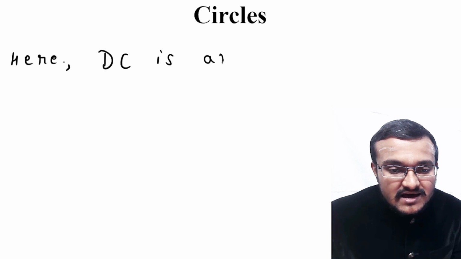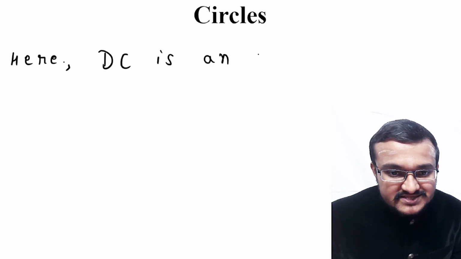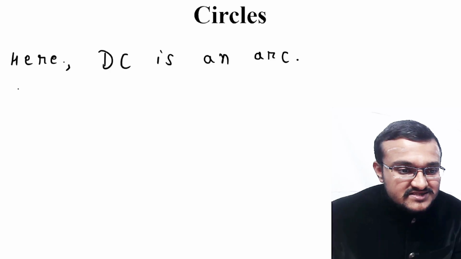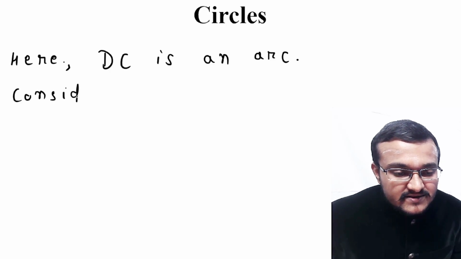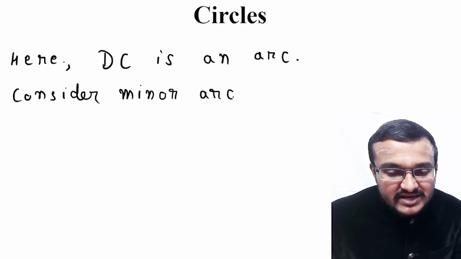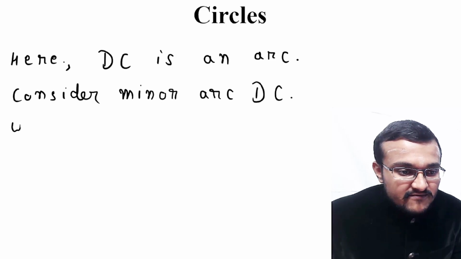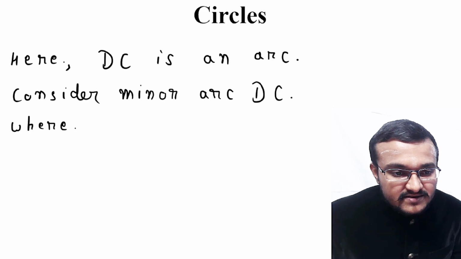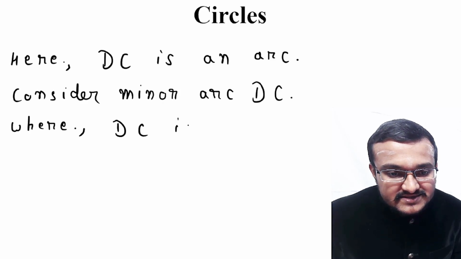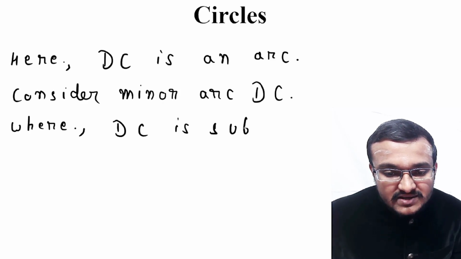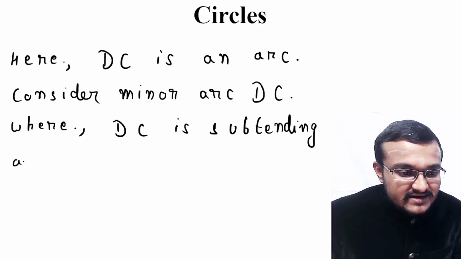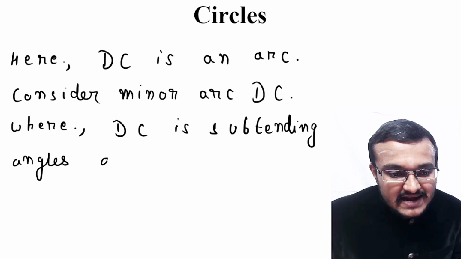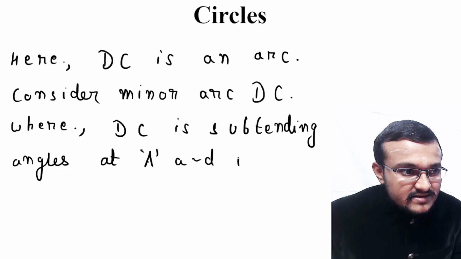Consider minor arc DC where DC is subtending angles at point A and at point B.